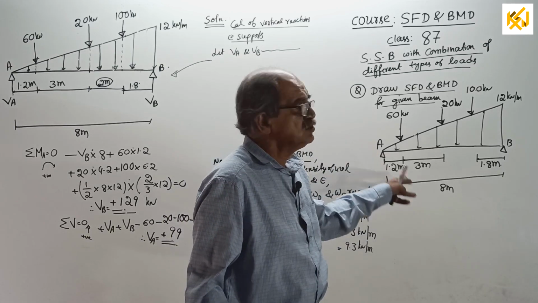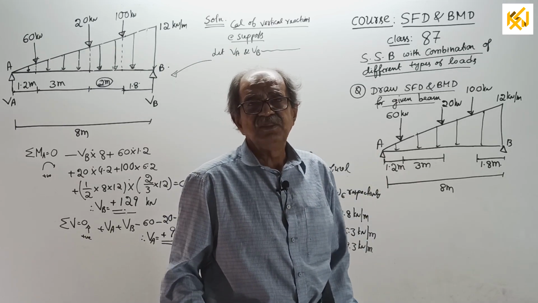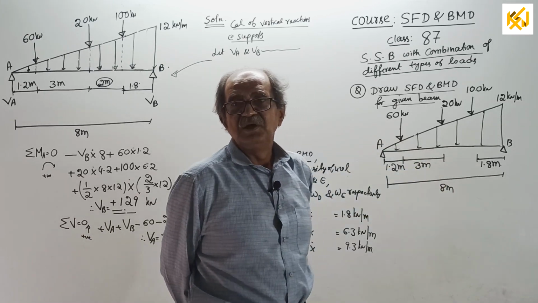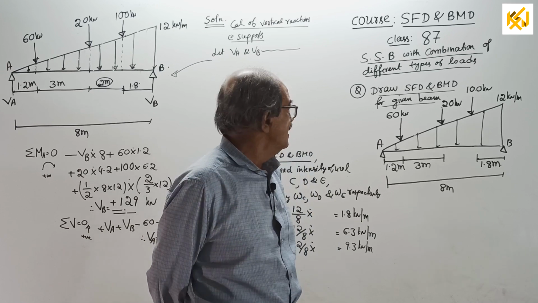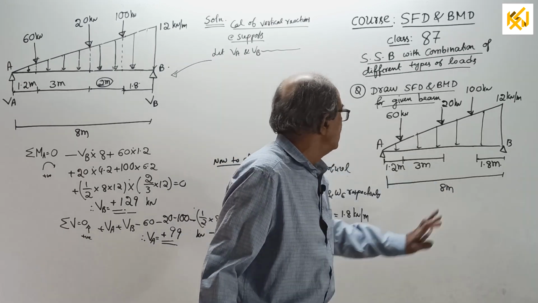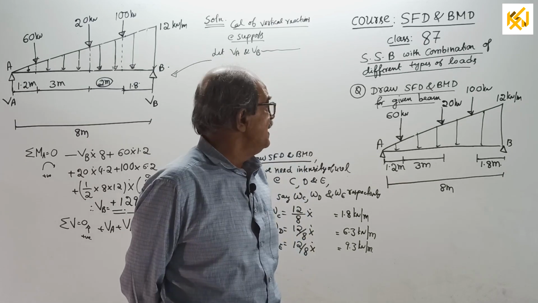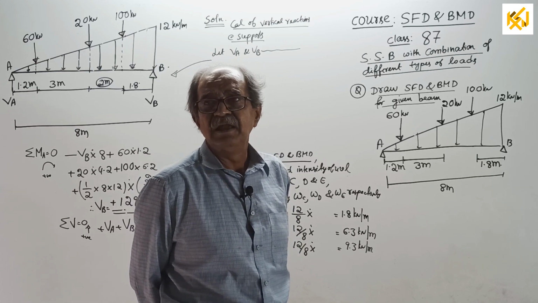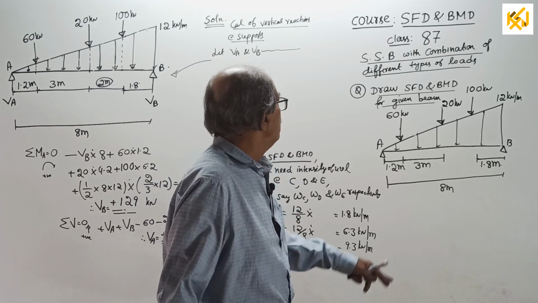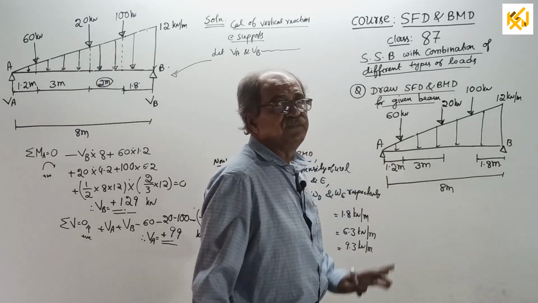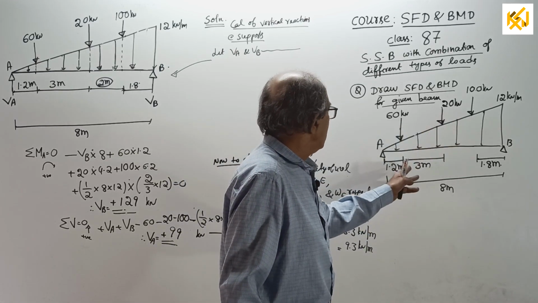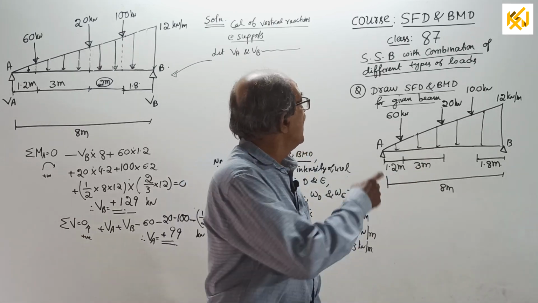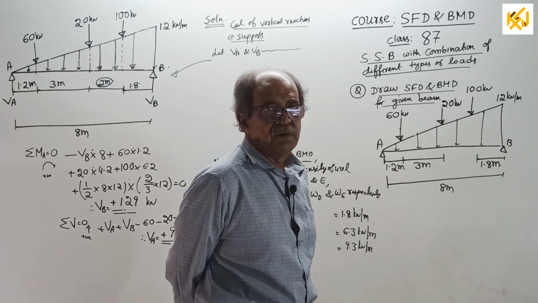See here, in this question also, a lot of concepts are there. It is not for time pass purpose. If you want the question in words, for those who are writing the question in words to understand better: a simply supported beam of span 8 meter loaded by UVL of intensity 0 at the left end and a maximum of 12 kN per meter at the right end, along with 3 point loads of 60 kN at 1.2 meter from the left end, 20 kN at a further distance of 3 meter, or 4.2 from the left end, and lastly 100 kN at 1.8 meter from the right end.